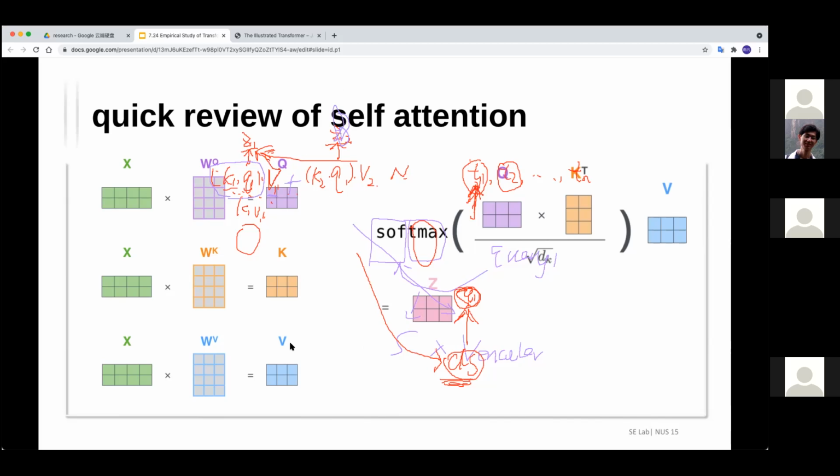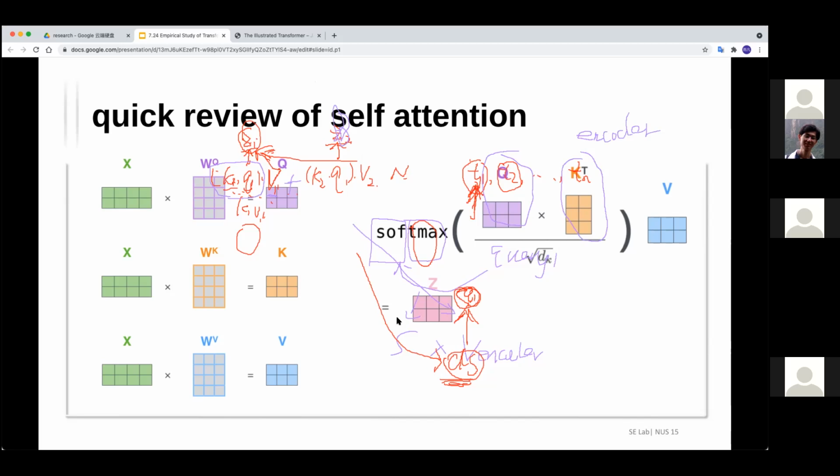Let me recap a little bit. The calculation is a little bit complicated. K1 times Ki times Q1 will be a score, and the V is added together into Z1. Okay, that makes sense. So the difference is that the query is in the decoder, but the key is in the encoder. In self-attention, they all come from the same sequence, but for the encoder-decoder attention, they come from different sequences.